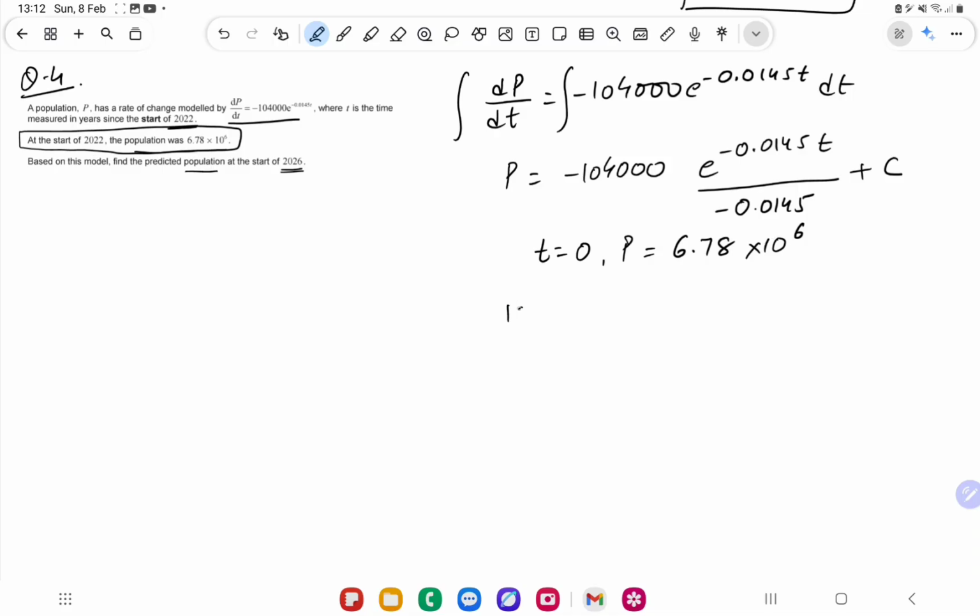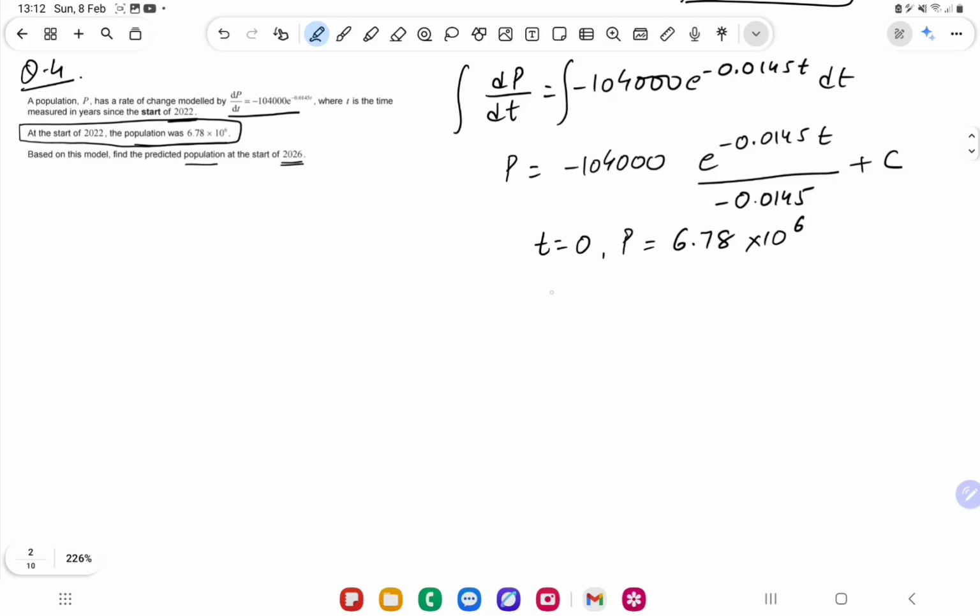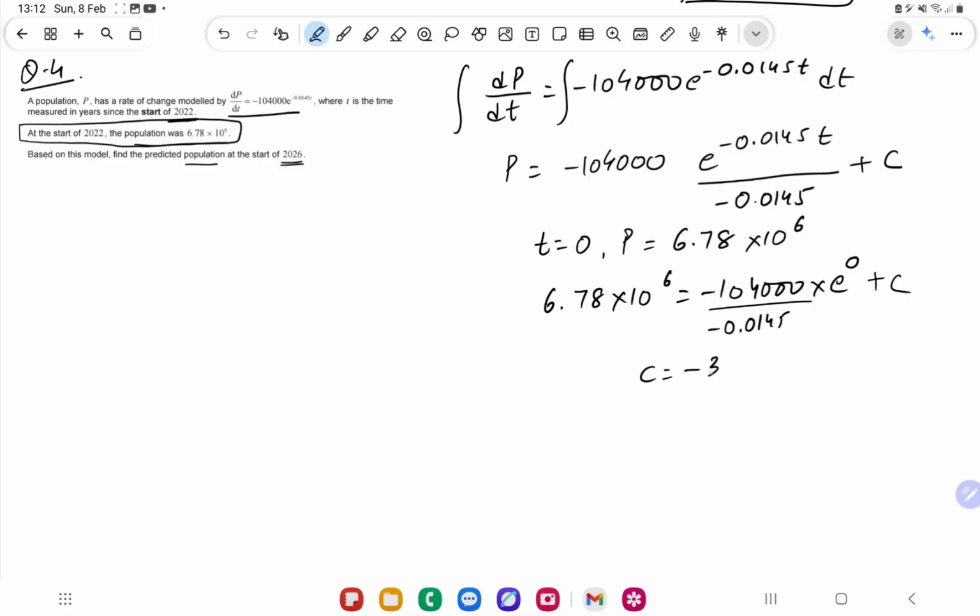So I will put this in the above equation, which is 6.78 into 10 to the power 6 as 14000 divided by minus 0.0145 into e to the power, if I put t as 0, it will become 0. So if you use your calculator, you will get c as minus 392413.7. So this is how I'll get my C.